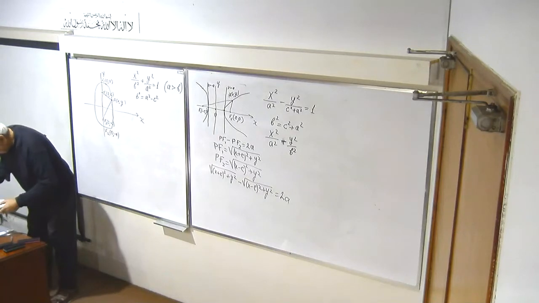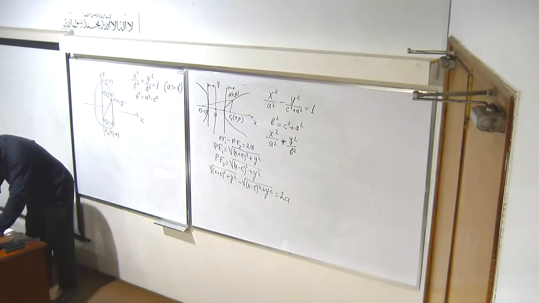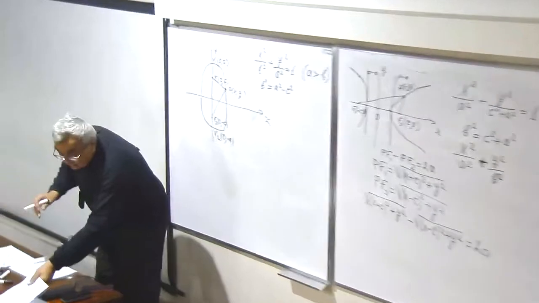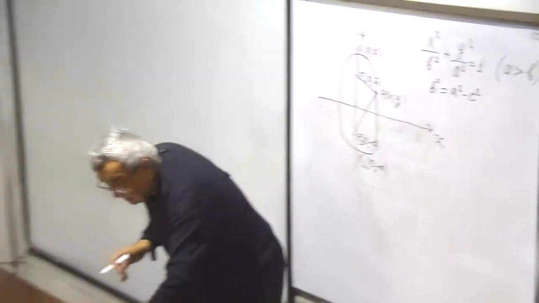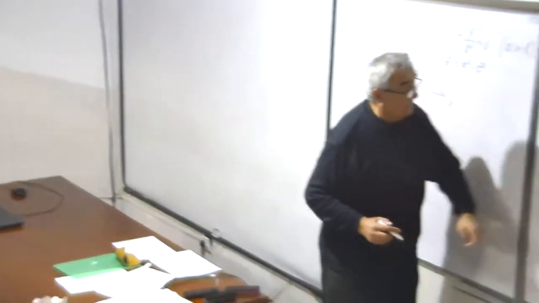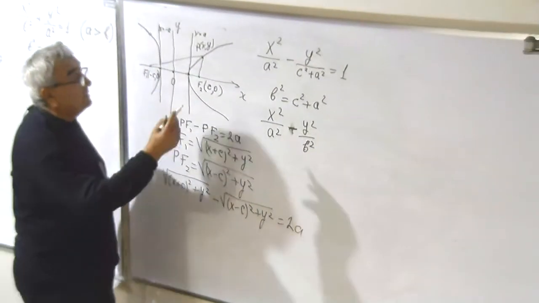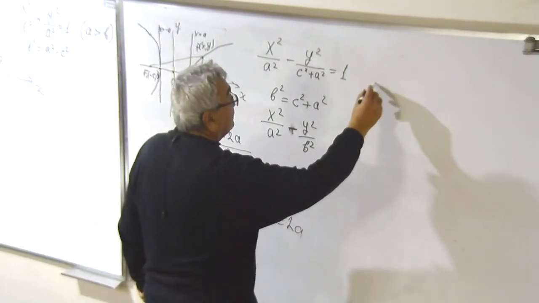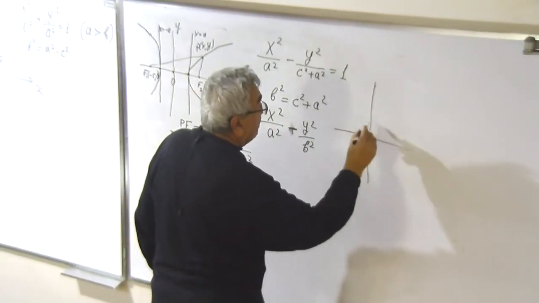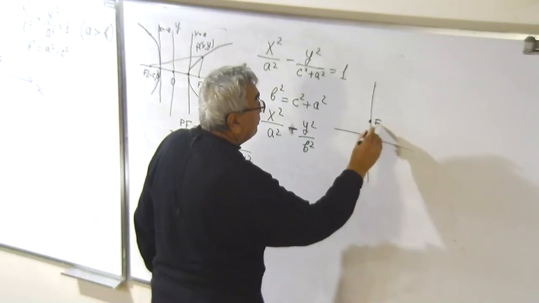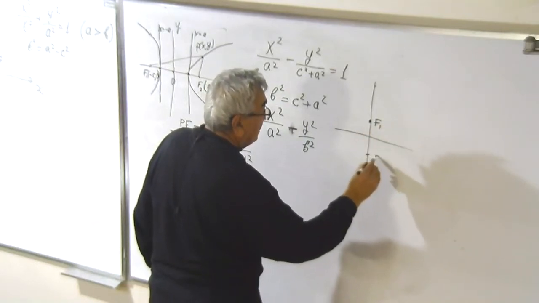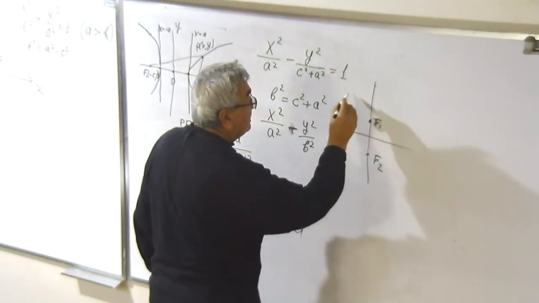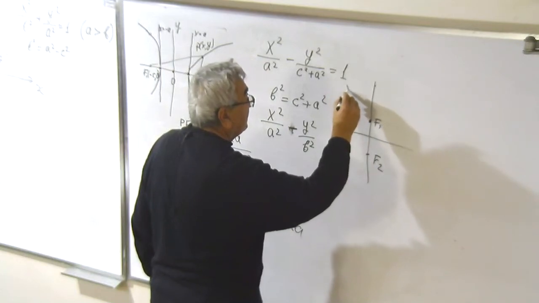That means it is possible to receive other types of curves. This is like this, only in this case it is changed. That means it is possible to get the following cases: focus F1, focus F2. In this case you receive curves like these.